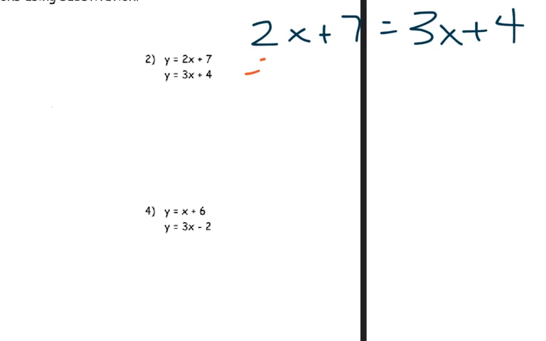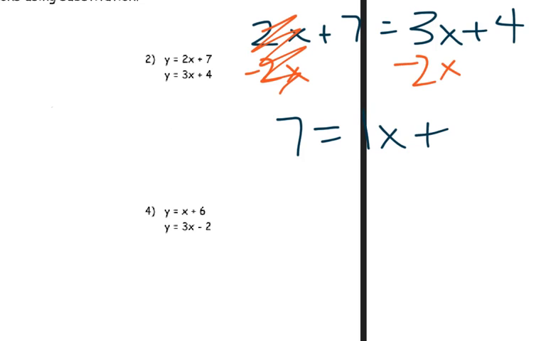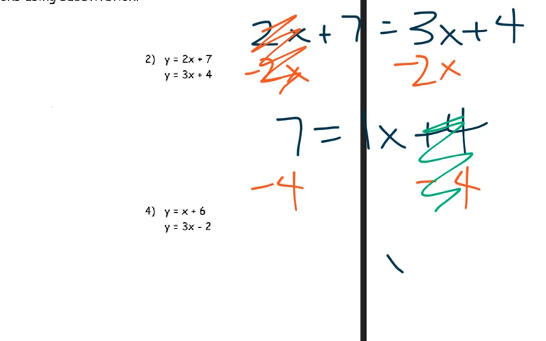And 2x is the smaller x here, so we're going to subtract it. If you forget how to solve equations with variables on both sides, just go back and watch the videos we've done previously. It shouldn't take very long to get reacquainted.